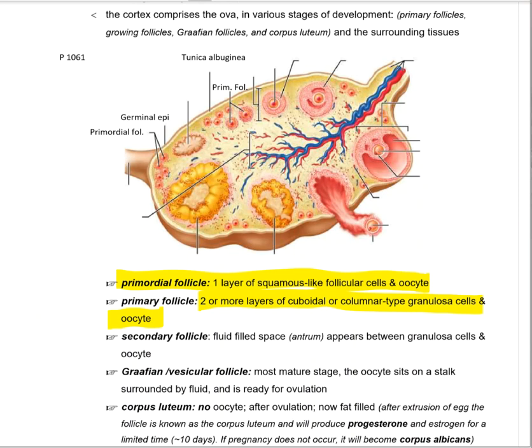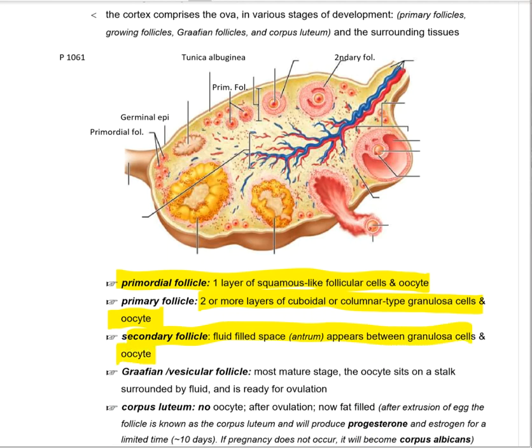And then the secondary follicle starts to get larger, and we get a little bit of antrum, or fluid-filled space, in them. By the way, these are early primordial follicles. This is probably a late primordial follicle, just about to become a secondary follicle. So we have a secondary follicle there, and that antrum is starting to form. You can see that fluid-filled space, and that's kind of the key.